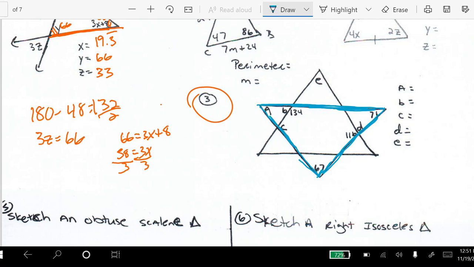For this big triangle, these are the angles 1, 2, and 3. So those 3 have to add up to 180. So I'm doing 180. It ends up being 42 for angle A.